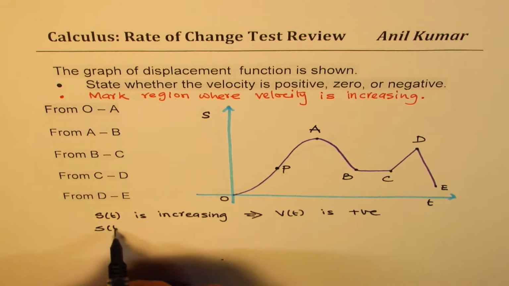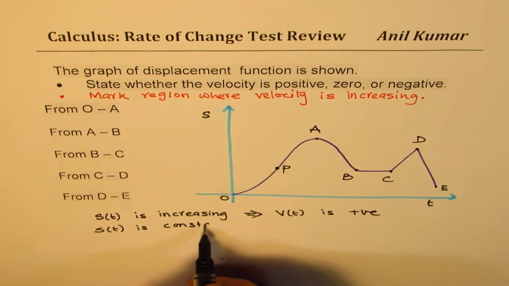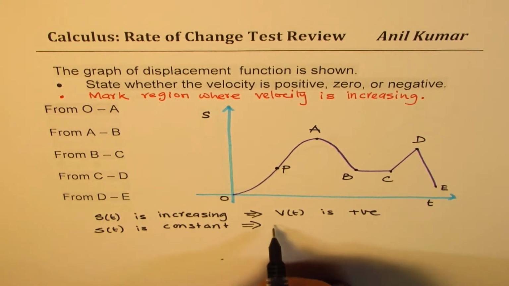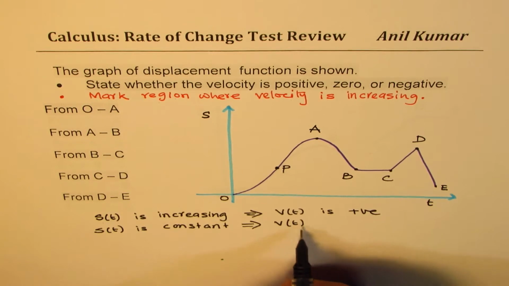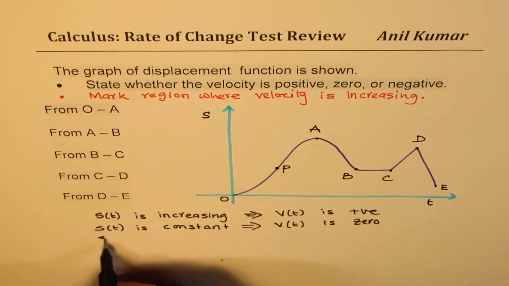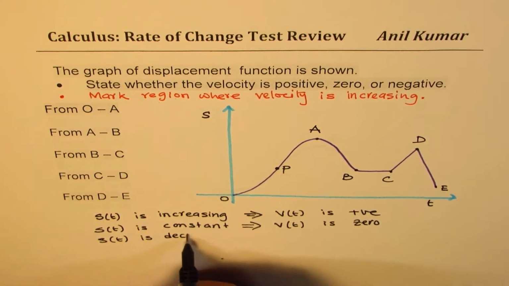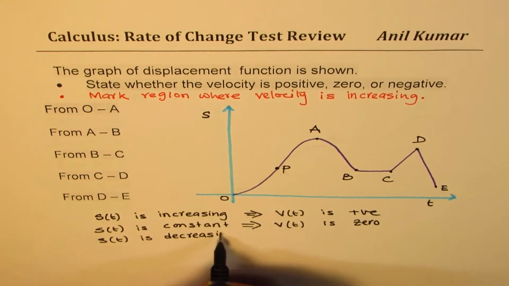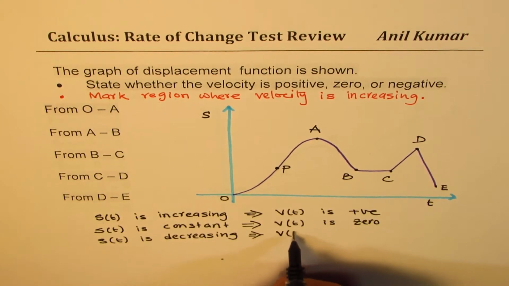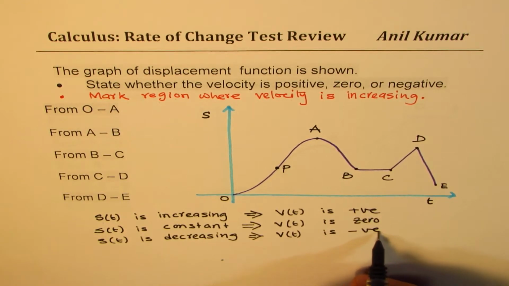And if distance is constant, not increasing, just constant, not decreasing, that means velocity is 0. And if distance is decreasing, that means that velocity is negative, right?